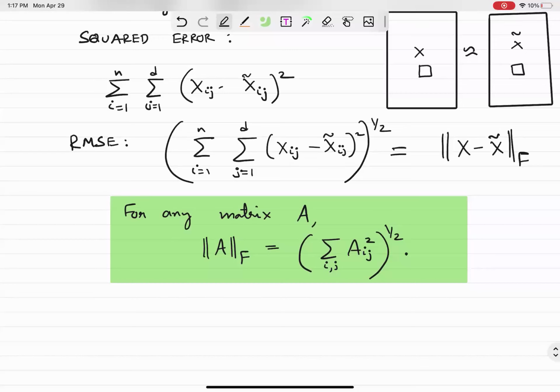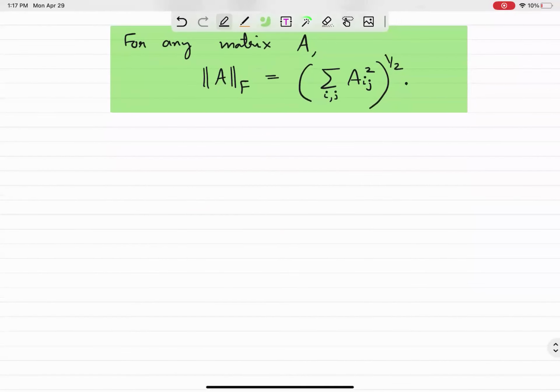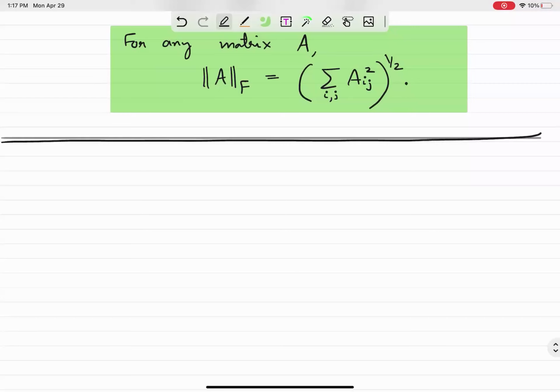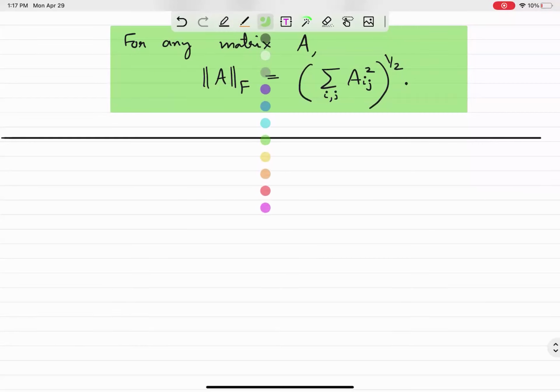Okay, so we are now ready to define our low rank approximation problem.